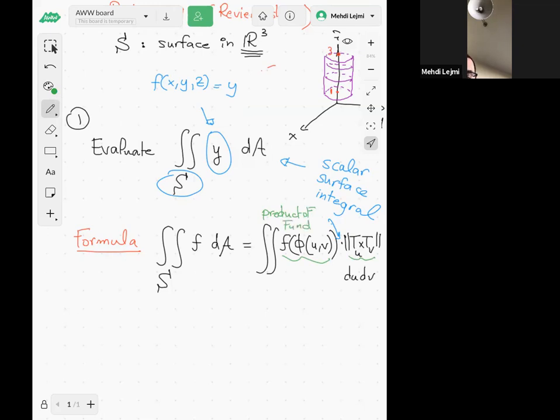Anyway, the first step is to parameterize. You see here, I'm using phi of u v.